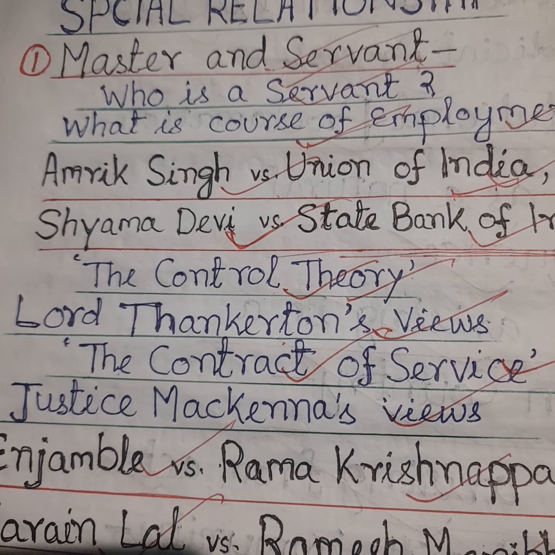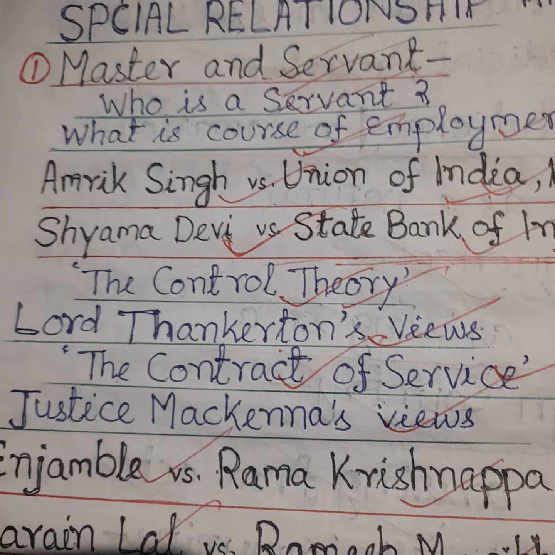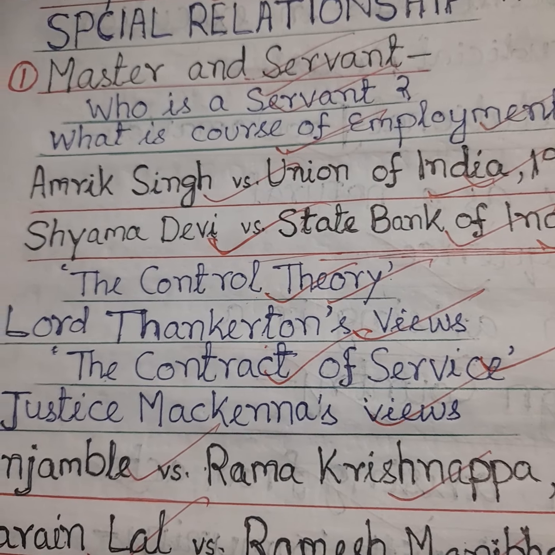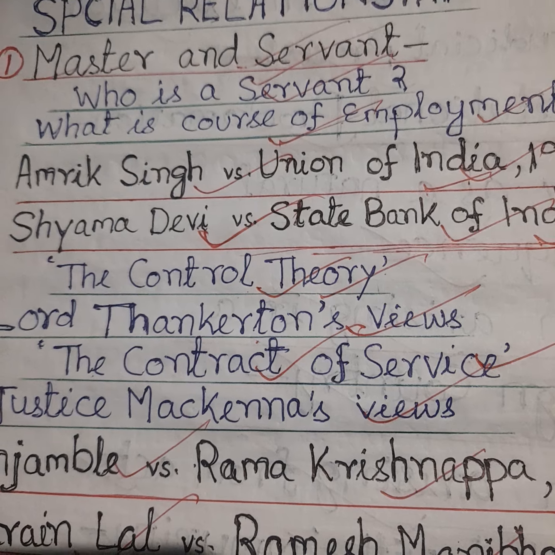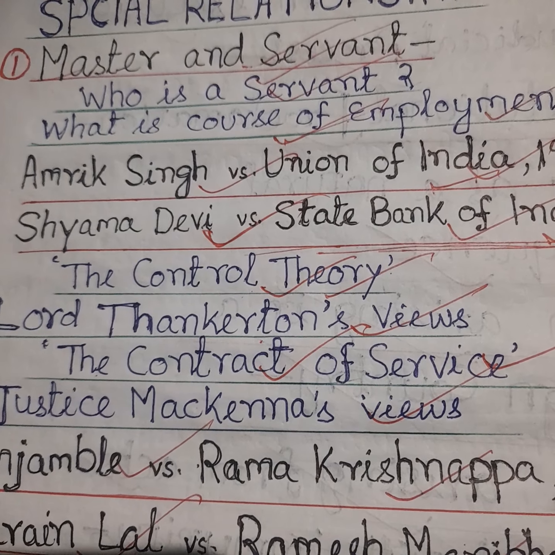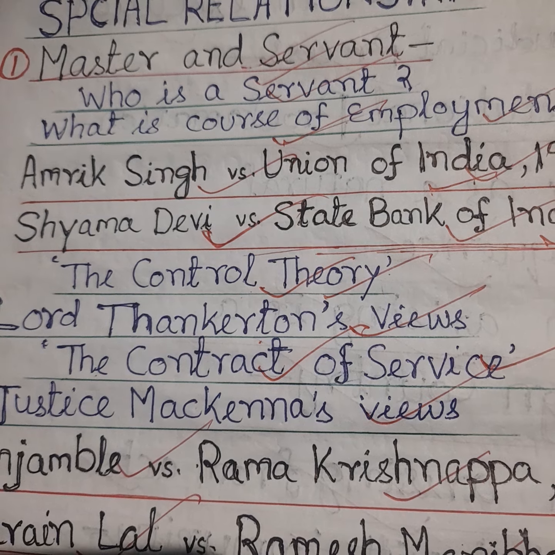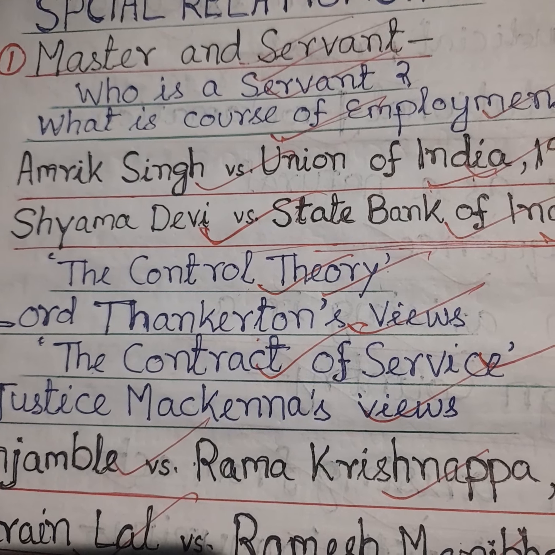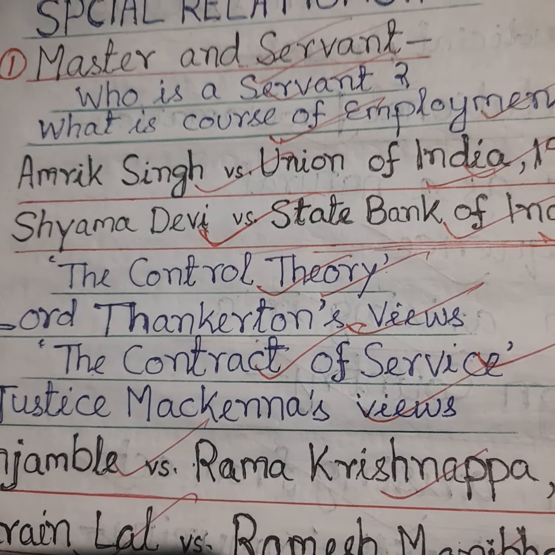The first one, the master's power of selection of his servant; the second one, the payment of wages or remuneration; the third one, the master's right to control the method of doing the work; and the fourth one, the master's right of suspension and dismissal.